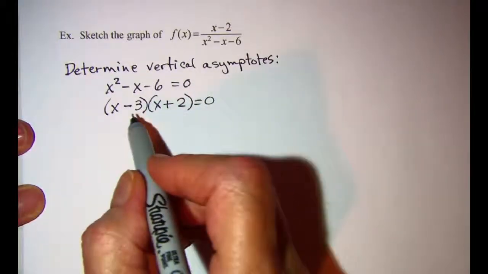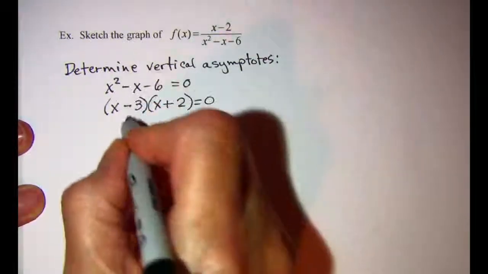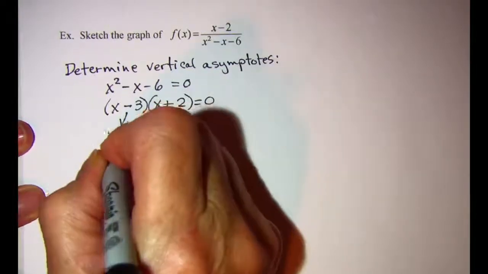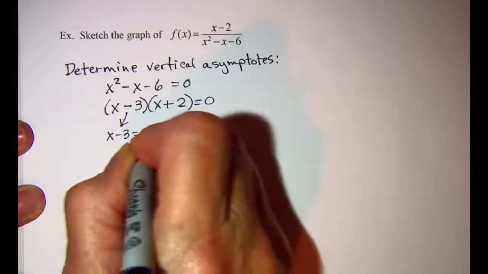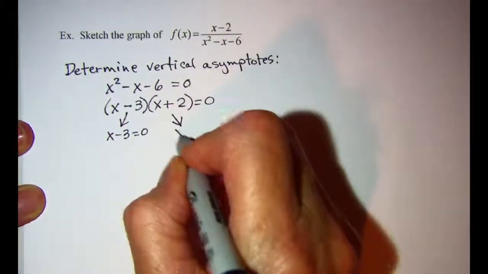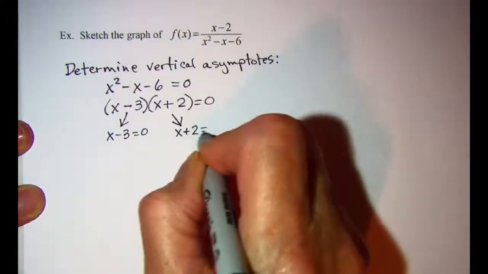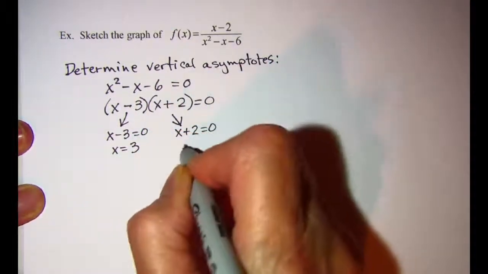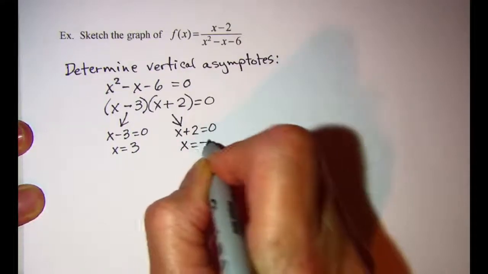So this product will be 0 when x minus 3 equals 0, and will also be 0 when x plus 2 equals 0. Solving each of these, x equals 3, x equals negative 2.